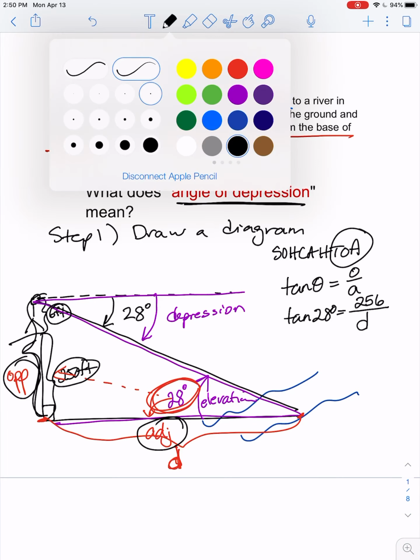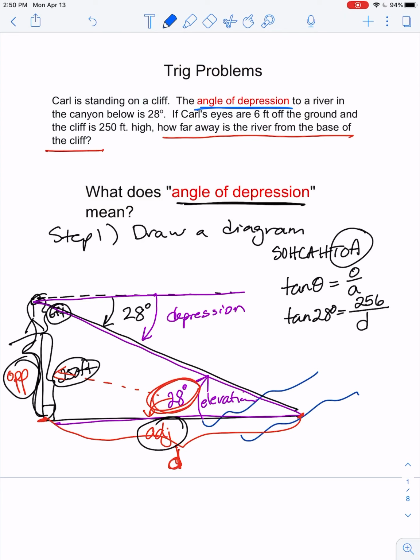Now, if you remember, when we have the unknown in the denominator, you're allowed to just interchange these two because of equation solving. Remember, to get the D out of the denominator, you'd multiply both sides by D, but then to isolate D, you would have to divide by the tan of 28 degrees.